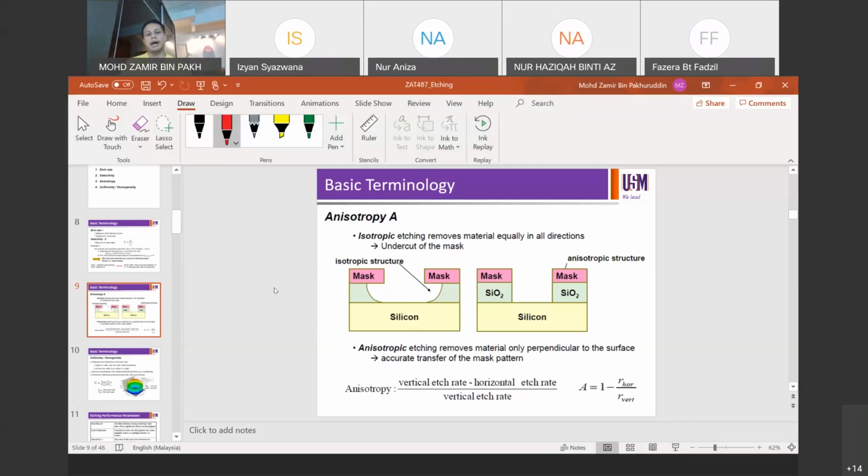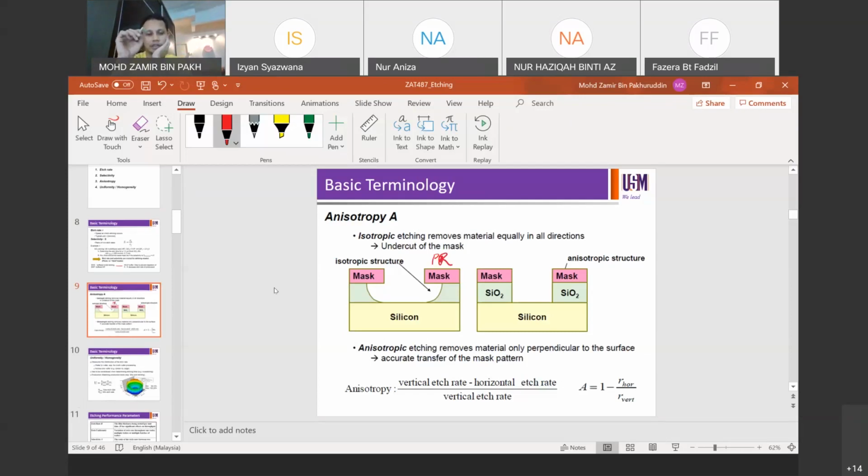Okay, so isotropic etching removes material equally in all directions, and it undercuts the mask. If you look at the figure on the left, you have your mask on, for example, assuming your mask is the resist that you've got from your lithography process, the photoresist.